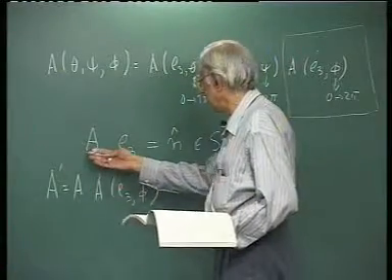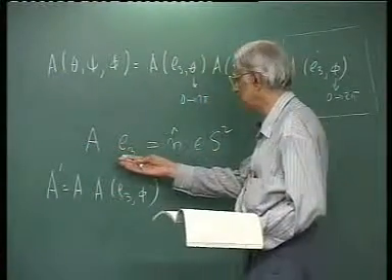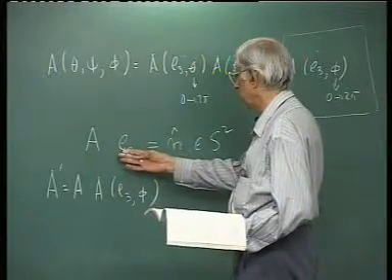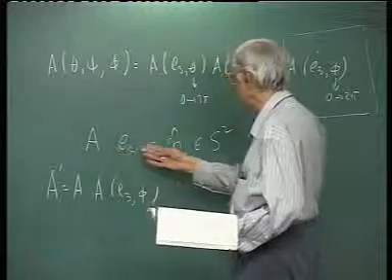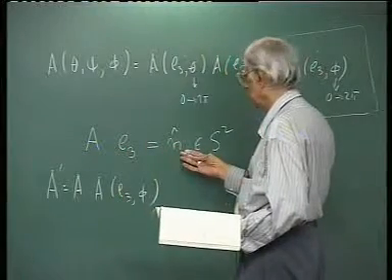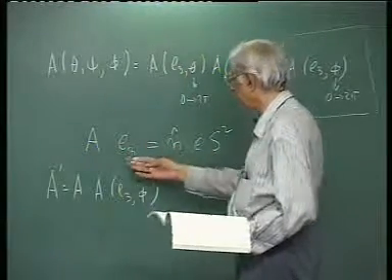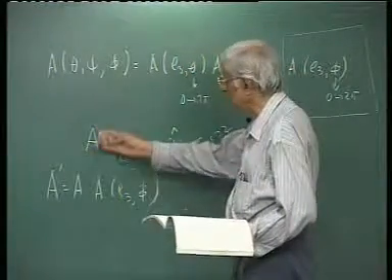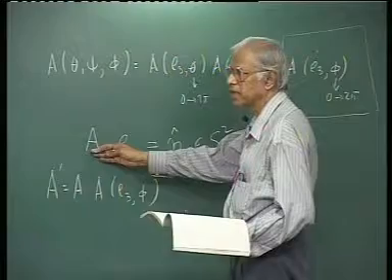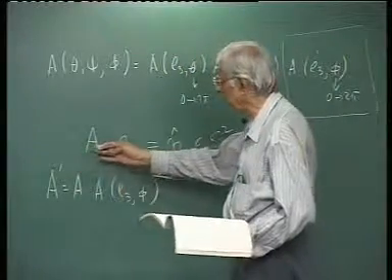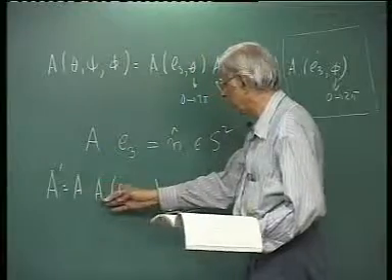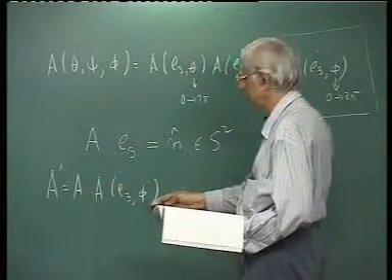So this equation tells you every element of the rotation group leads to or uniquely determines some unit vector on the sphere S2. This unit vector is the same for all elements in the coset of a given element. Because an A prime and an A, if they are in the same coset, must differ only in this way on the right.